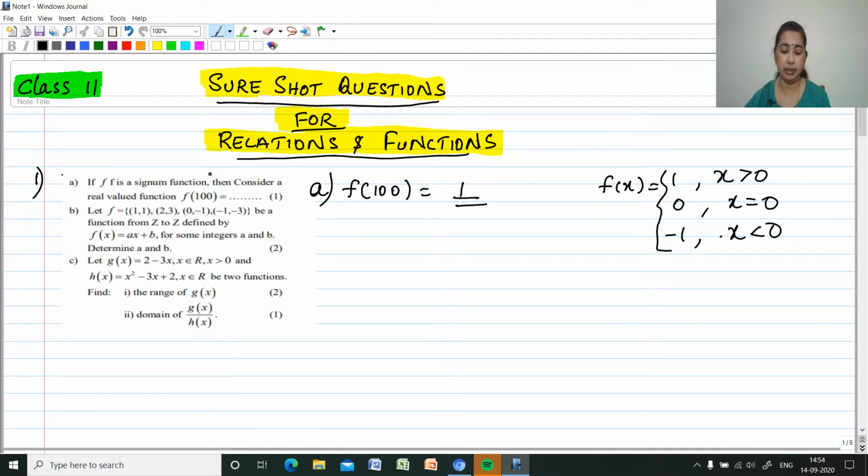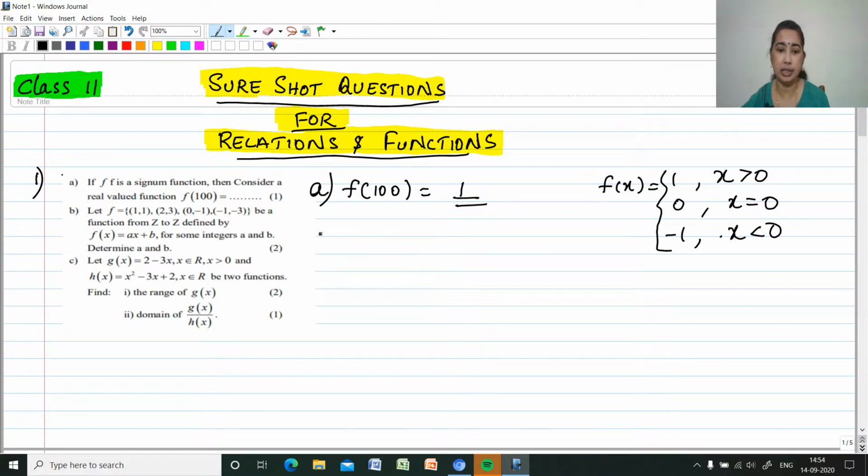Now the second one. Let f be equal to the set of ordered pairs (1, 1), (2, 3), (0, minus 1), (minus 1, minus 3), a function from Z to Z defined by f of x equal to ax plus b for some integers a and b. Determine a and b.